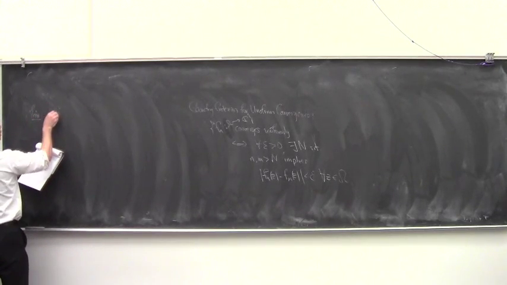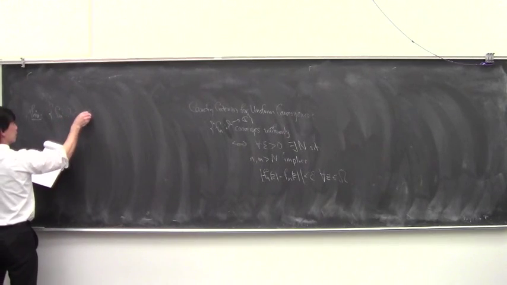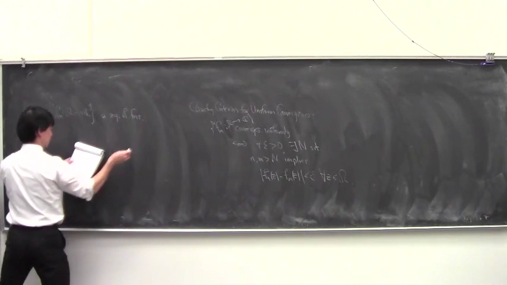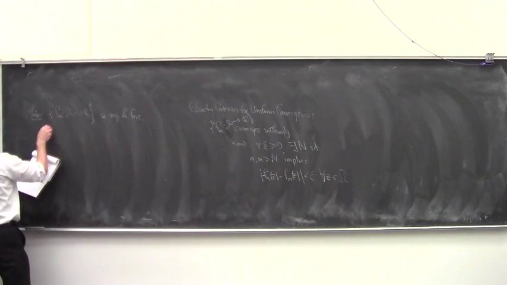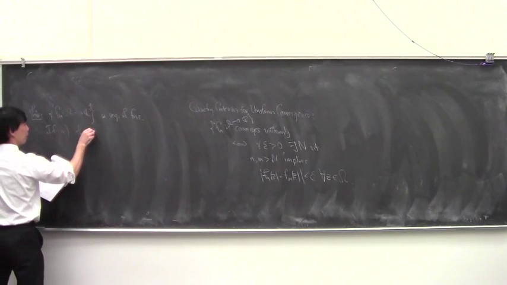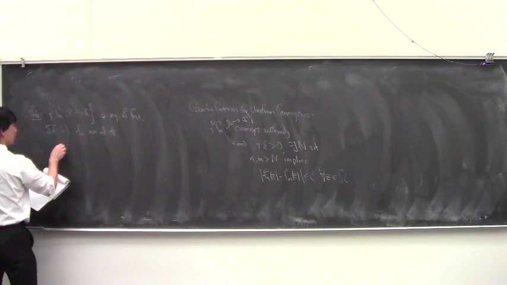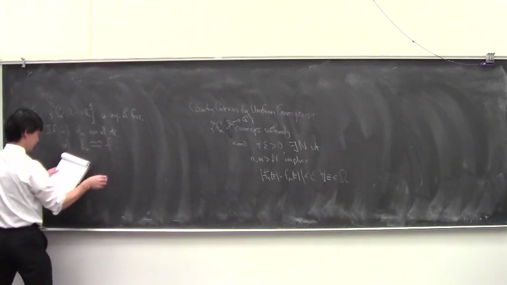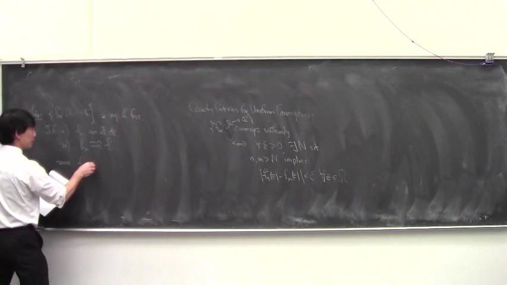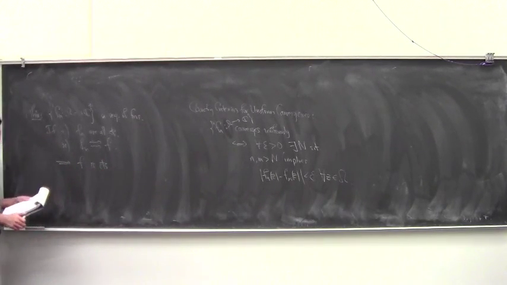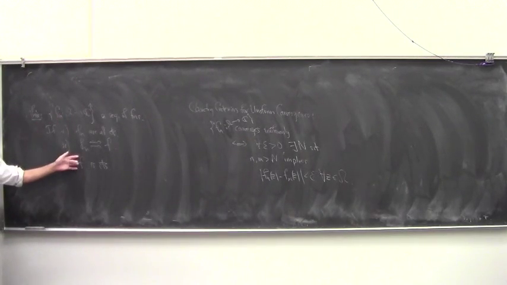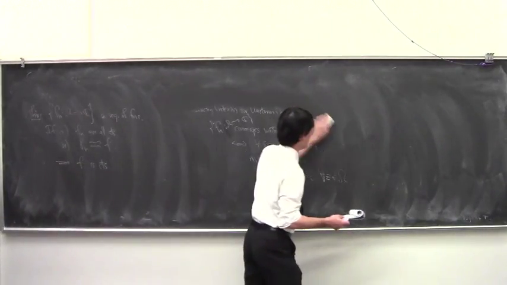One, if you have a sequence of functions and the Fn are all continuous, and two, the Fn converge uniformly to some f, then that f is continuous. So uniform convergence of continuous functions will converge to a continuous function. Okay, so continuity does behave well.